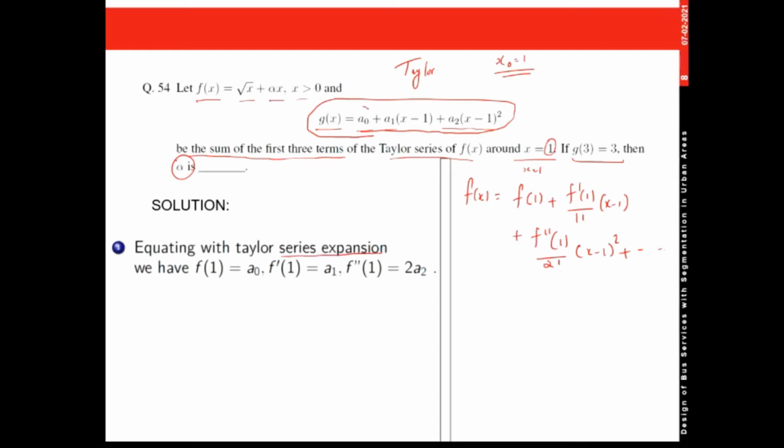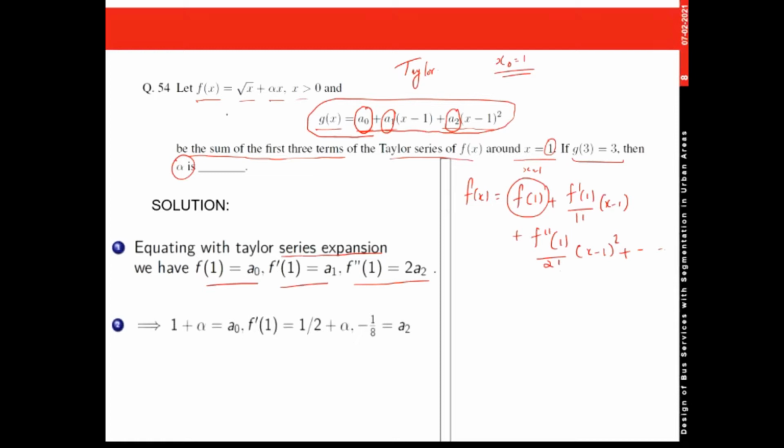We get a naught must be equal to f of 1. If you equate this, a1 must be equal to f dash of 1, and a2 is equal to f double dash of 1 by 2.